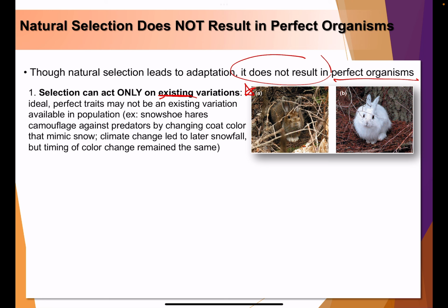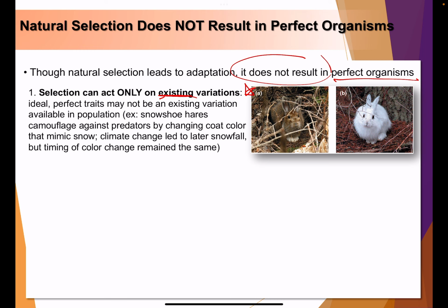The white color is supposed to mimic the snow. So when winter comes, the rabbit will change its fur color to better camouflage against the snow. Well, climate change has led to later snowfall. Winter has been delayed, but the rabbit's change in coat color does not adapt to climate change. So the timing of color change remained the same.